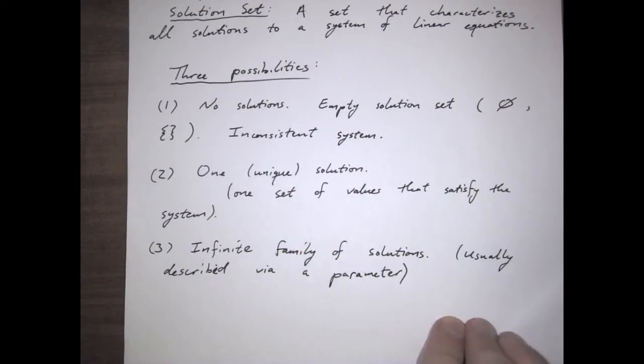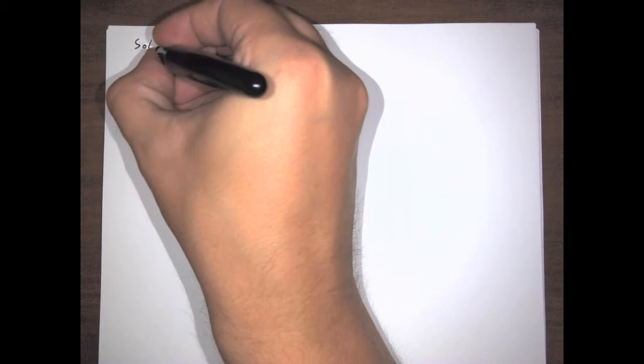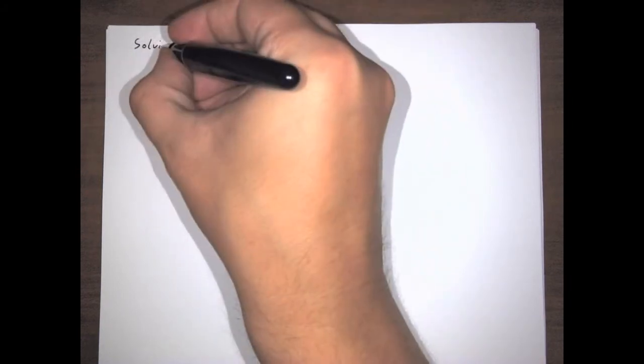So let's describe now what it is that we can do in order to find these solution sets. The main tool that we're going to be making use of in this course is what is called row reduction. So let's see how this works.